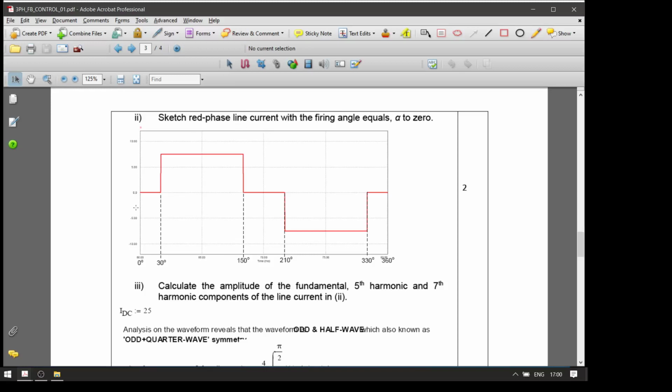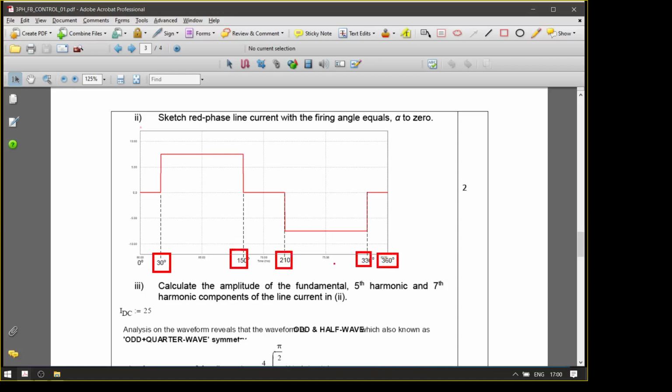Right, and this is sketch red phase line current. So you need to sketch the waveform as well as labeling. Label the angle correctly, not the answer.